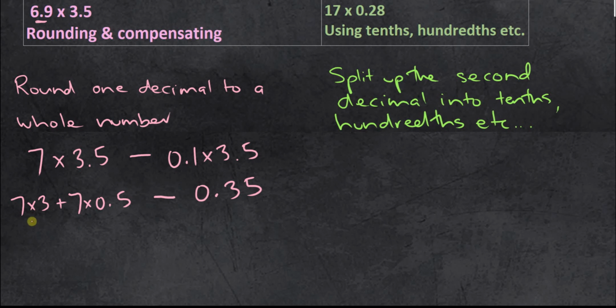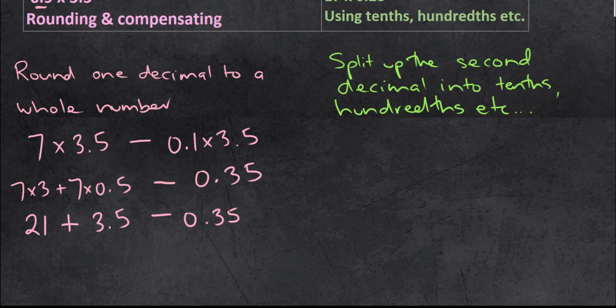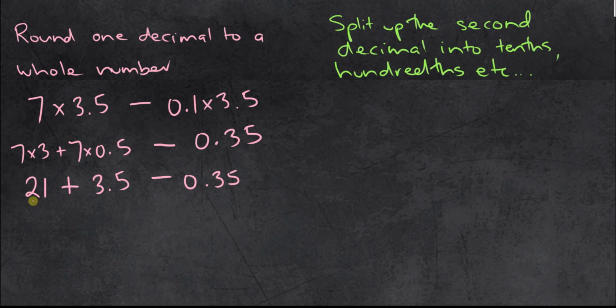So we've got 7 times 3 is 21 plus 7 times 0.5, or 7 times 5/10 gives me 35/10, which is the same as 3.5, minus 0.35. So I get here 21 plus 3.5 is 24.5 minus 0.35.